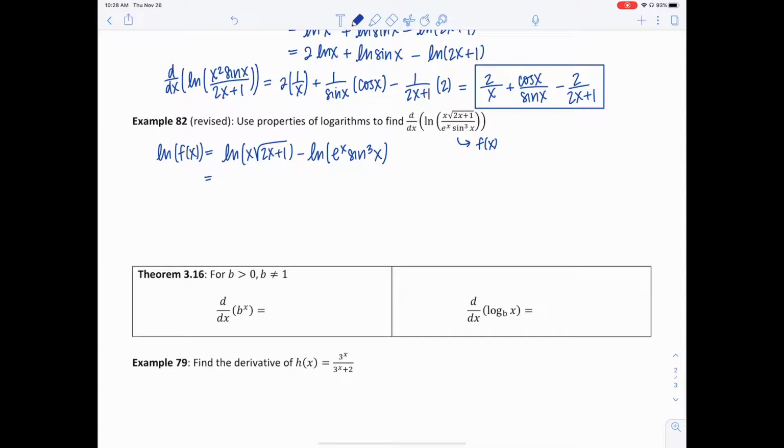On the top, I can separate the x from the square root. On the bottom, when you separate, it's very important that you put this set of parentheses, because this minus sign is going to be distributed. It applies to everything on the bottom of the fraction line, so you don't want to lose that minus sign.